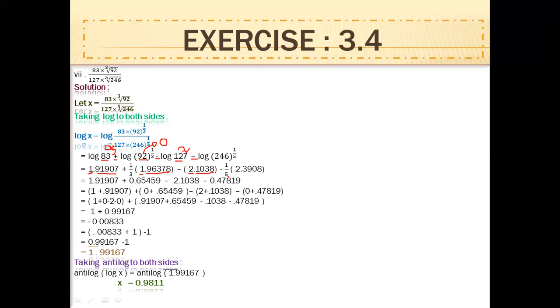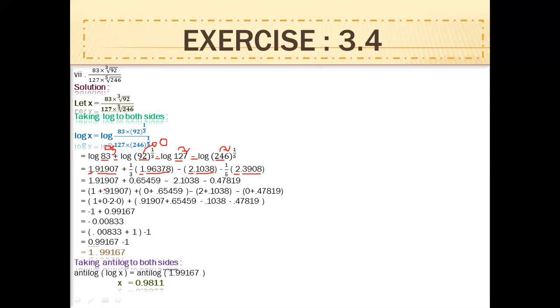Minus 1 by 5, and again you check 24 in the column of 6, and after converting into scientific notation the characteristic becomes 2. The second and the last term will be divided by the numbers which are given there. The second term will be divided by 3 and the last term will be divided by 5.